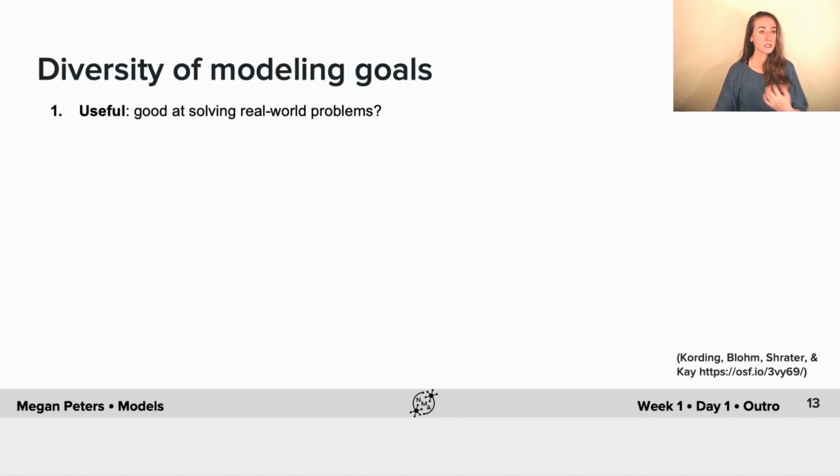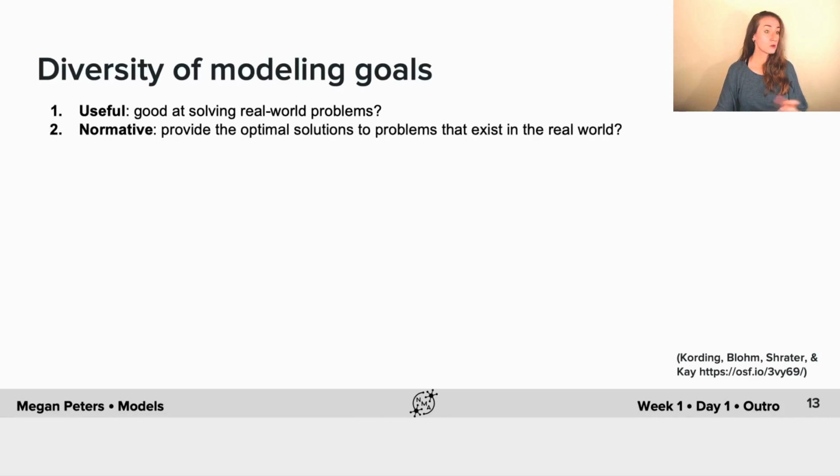So the first potential goal is you want your model to be useful. You want your model of the nervous system maybe to be good at solving a real-world problem. For example, a model of the visual system might be able to solve a challenging problem in computer vision or something like that. And so you could also want your model to be normative. Some models provide the optimal solutions to problems that exist out there in the real world.